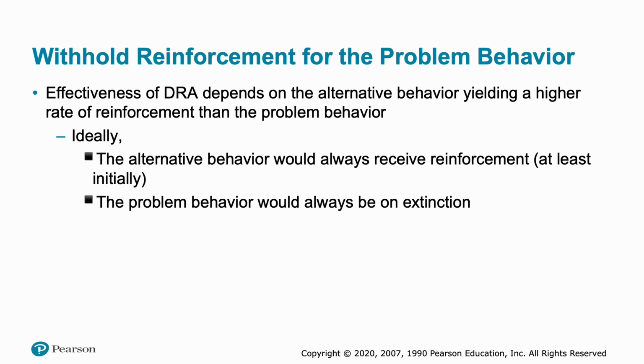Once that behavior has been established in the person's repertoire, you can move on to an intermittent schedule of reinforcement. And then the problem behavior would always be on extinction. Again, this is ideally. Remember that I've been mentioning that you're not always going to be able to place the problem behavior on extinction, and so you'll just reinforce it at a very low rate with a low quality reinforcer, etc.